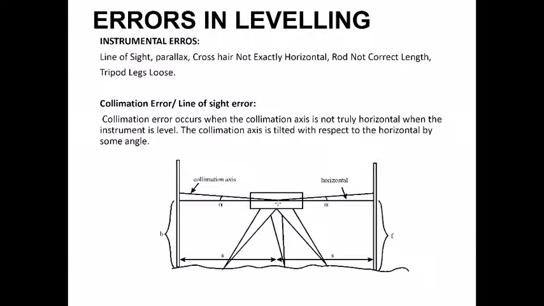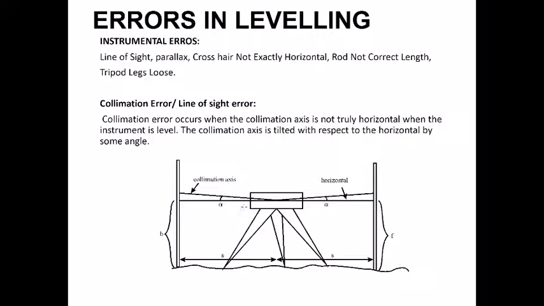But if due to some error in the instrument, while your instrument is telling you that the instrument is leveled, the circular bubble is in the center, but even then, your line of sight might be at an angle. It might not be horizontal. So that error in your instrument or in that line of sight, that angular error is called collimation error.